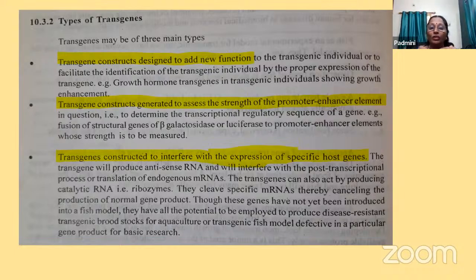This is interference with the expression, and it is done by antisense RNA. When antisense RNA is introduced into the genes, it interferes with the expression and mutes it, so that particular expression is not expressed in the wild type. So these are the 3 types of transgenes that we will be talking about.